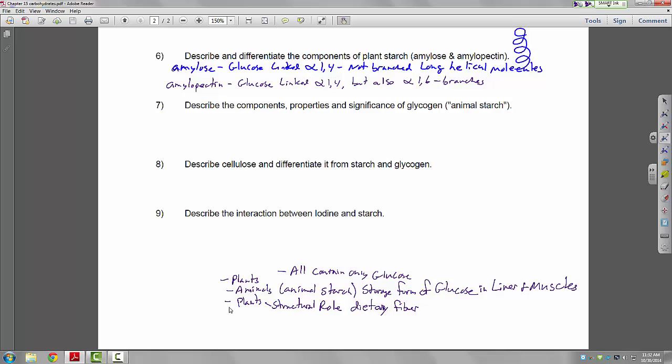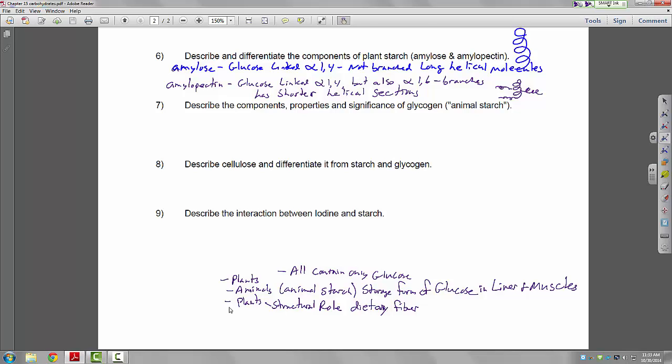So it kind of makes it a fuzzy molecule, so it has shorter helical sections, because it's going to be coil, but we've got these branches kind of sticking out of it, such as that, and it turns purple in the presence of iodine.